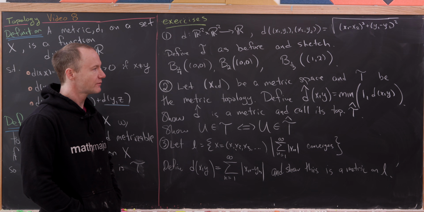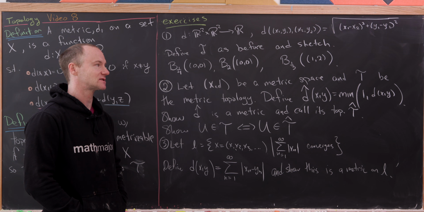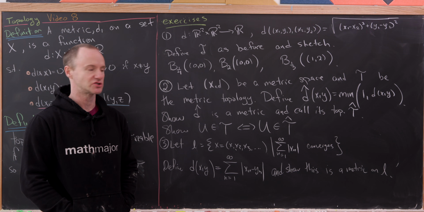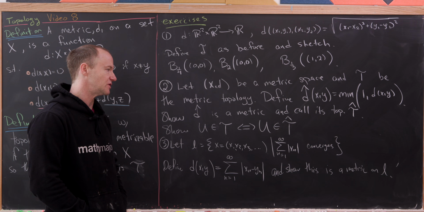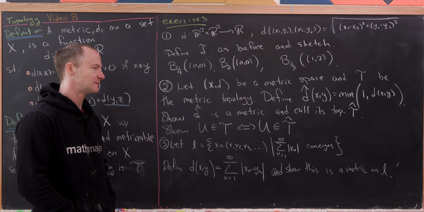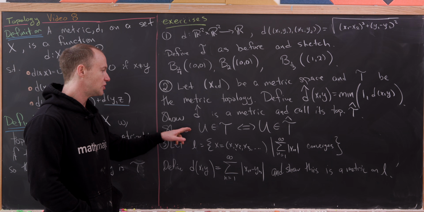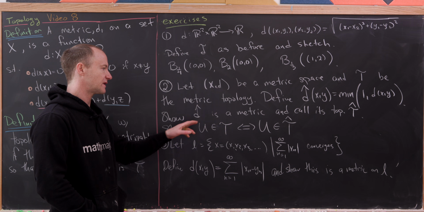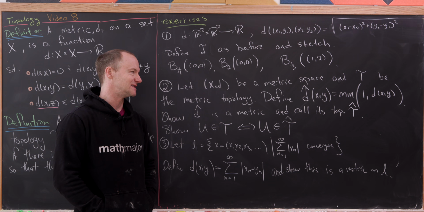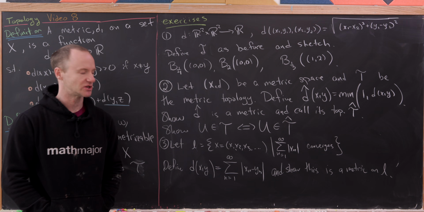Then what we really want to show is that T and T hat are the same topology. In other words, U is an element of T if and only if U is an element of T hat. That is, U is open in the normal metric topology if and only if U is open in this d hat metric topology.